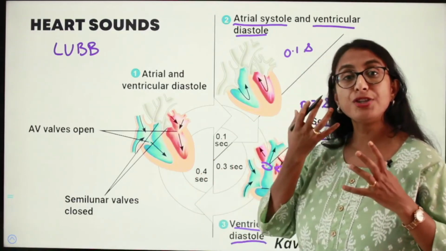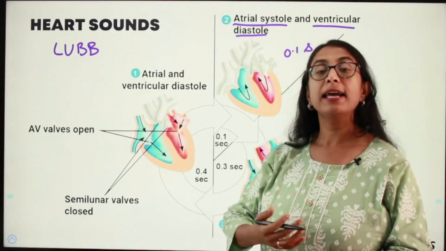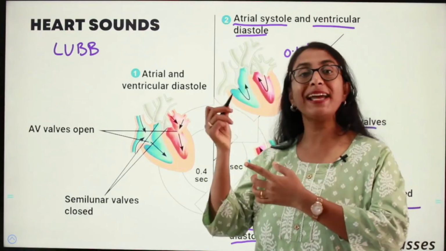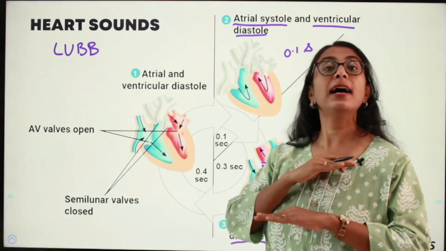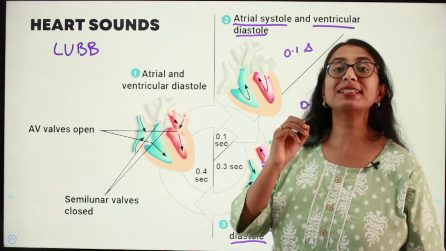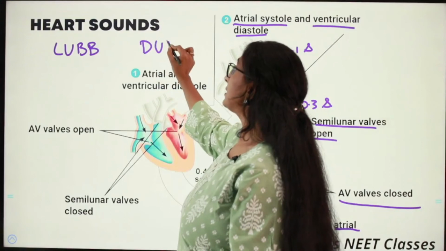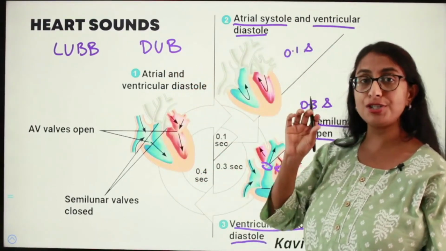So during ventricular diastole, there is low pressure in the ventricles, and in order to prevent the backflow of blood from the pulmonary artery and the aorta into the ventricles, the semilunar valves are closed. This causes the second heart sound, which is dub. This sound is of high pitch and of shorter duration.